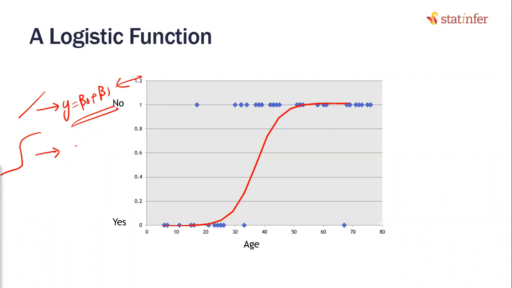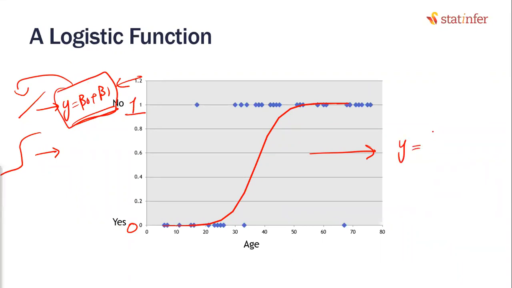Yes or no? The beautiful property of logistic regression is its minimum value is 0, maximum value is 1. It will never go beyond 1. It will never go below 0. So there is an equation for this S-looking curve, the equation of the logistic regression line. Obviously, there is a way you represent a straight line, and there is a way you represent this curve as well.